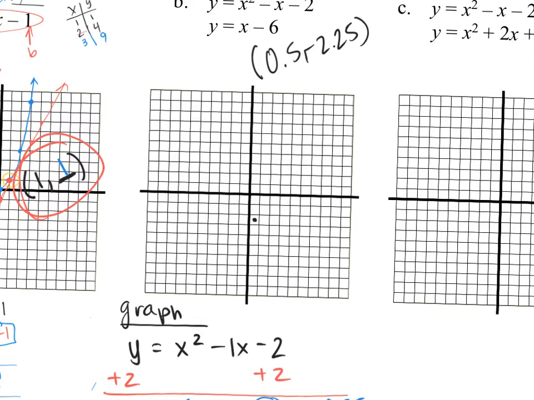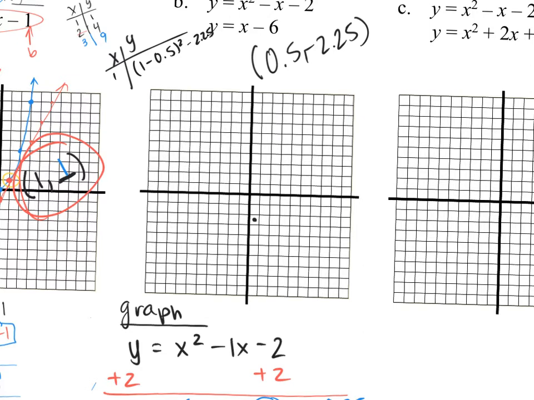Okay? To find the rest of this parabola, we're just going to need to use an XY table. Say I plug in, well, we're at 0.5, so let's maybe try 1 and then maybe 2 and see what happens. If I plug in 1, I'm basically asking myself, what's (1 minus 0.5) squared minus 2.25?